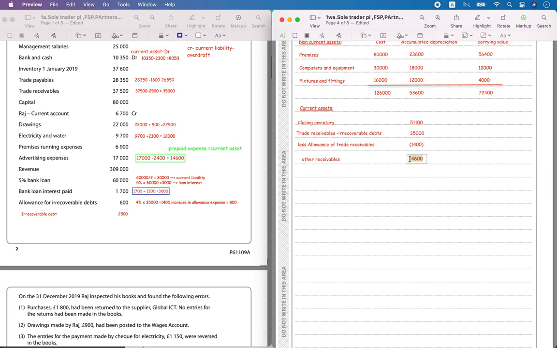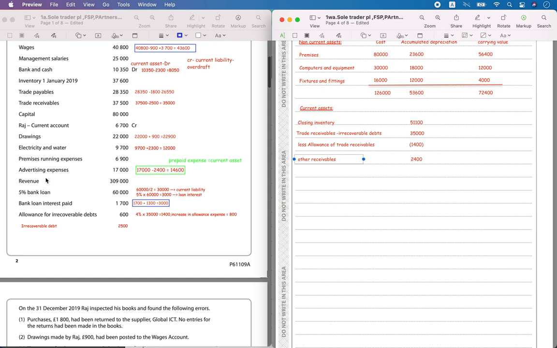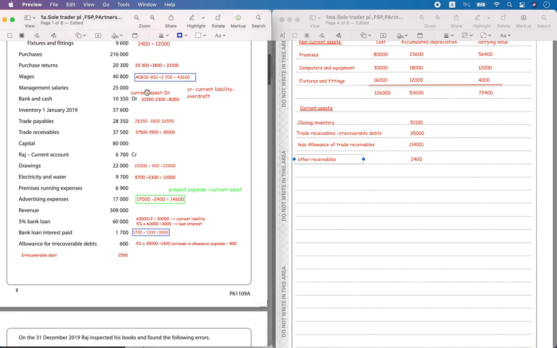This was around 2,400, and it became other receivables. Then we have the bank and the cash. It was a debit balance, which means it is a current asset. If it was a credit balance, it indicates a bank overdraft and it becomes a current liability.